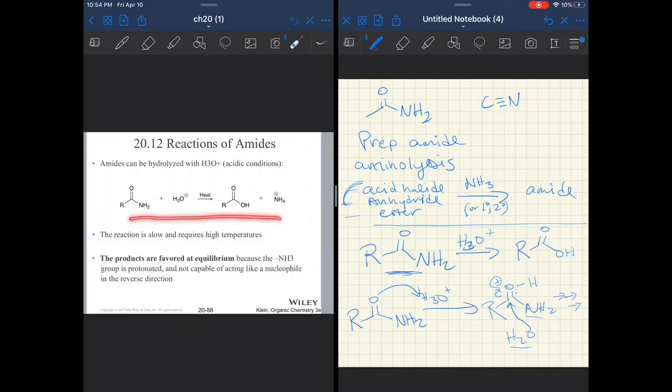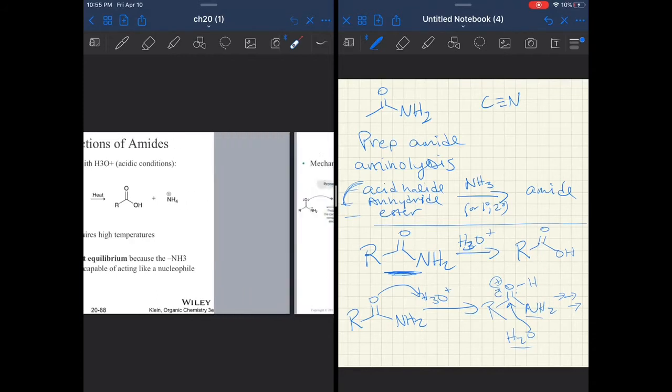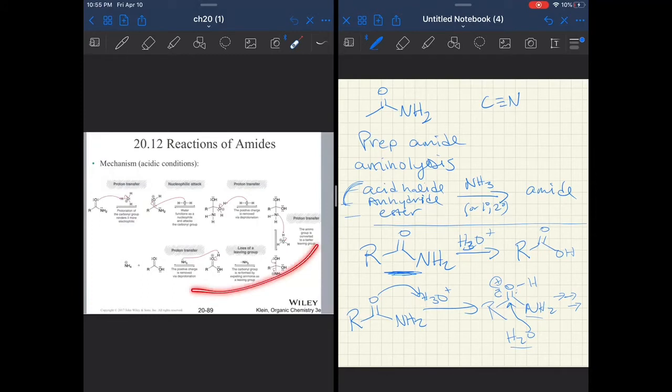It's slow. It requires high temperatures, but it can be done. It's one of the reasons that we see amides in nature more frequently, because they don't fall apart that easily. But this is a reaction with some heat and some patience. You can get to work. If you didn't want to practice it on your own, of course, Klein has your back.